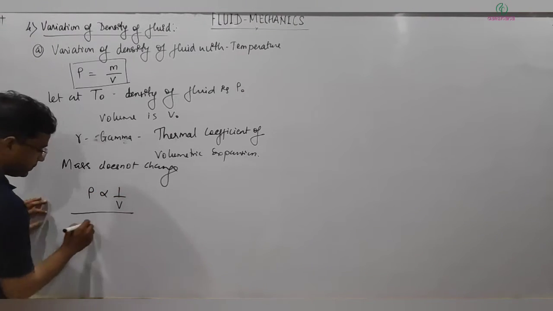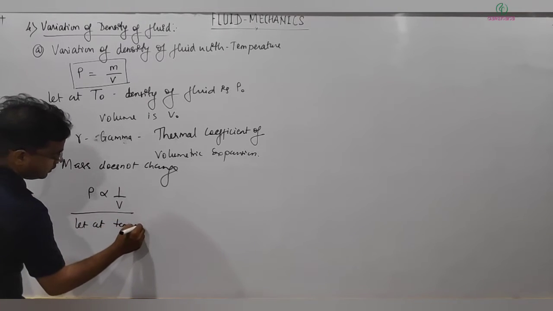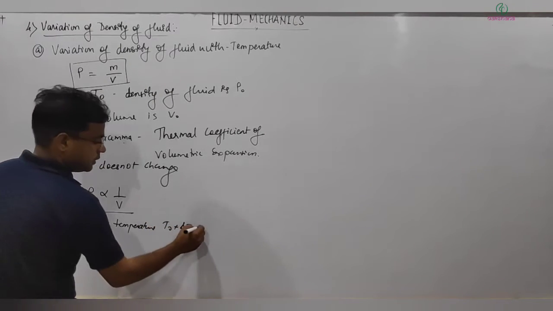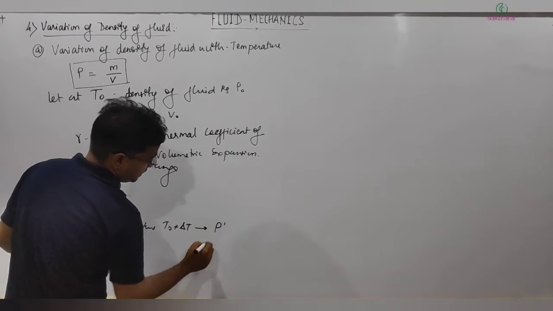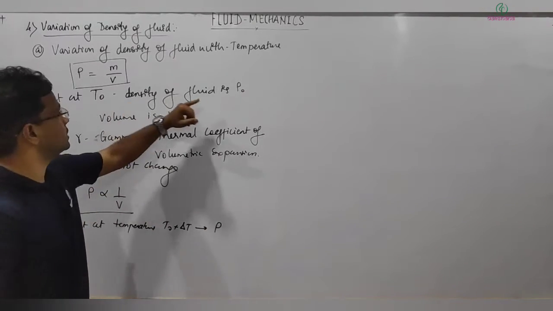So let at temperature T naught plus delta T, density become rho. At T naught its density is rho naught.